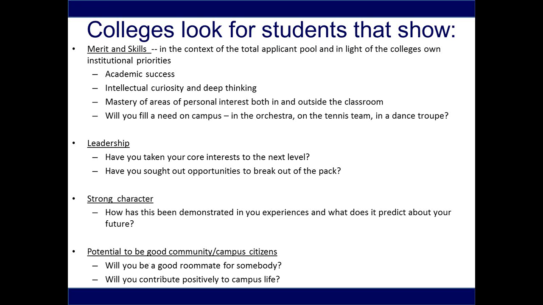Now, the reason that I've broken this down in this way with these four areas, merit and skills, leadership, strong character, and the potential for good community campus citizenship, is because that's how you should be thinking about your experiences and how you're going to present yourself on your college application, demonstrating these four core areas.